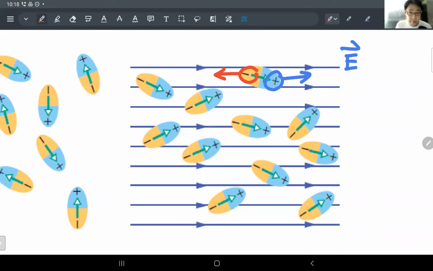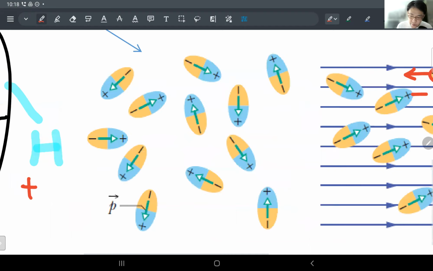Does that make sense? All right. However, these negative and positive charges are part of the molecules. So they cannot just be torn apart, separated, or ionized. That's not possible. So the best they can do is just rotate. Does that make sense to you?